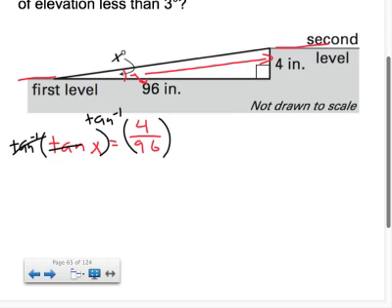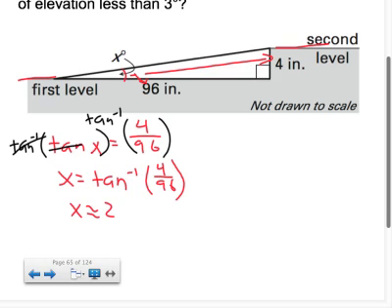So those cancel, and what you're left with is X equals the inverse tangent of 4 over 96. Then you plug that into your calculator. Second tangent, 4 over 96 equals. So X is roughly 2.4 degrees. And so to answer the question, yes, it's less than 3 degrees.